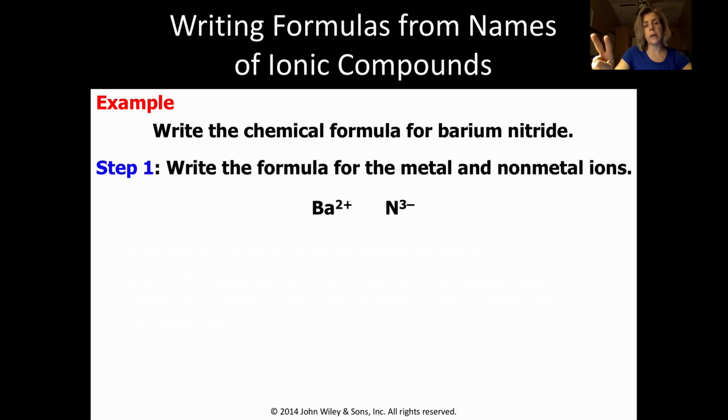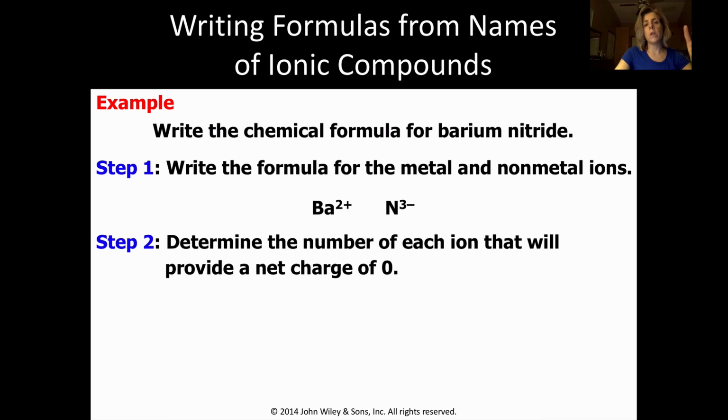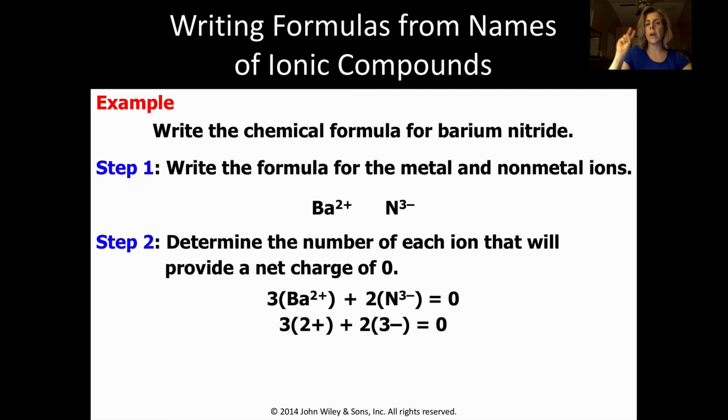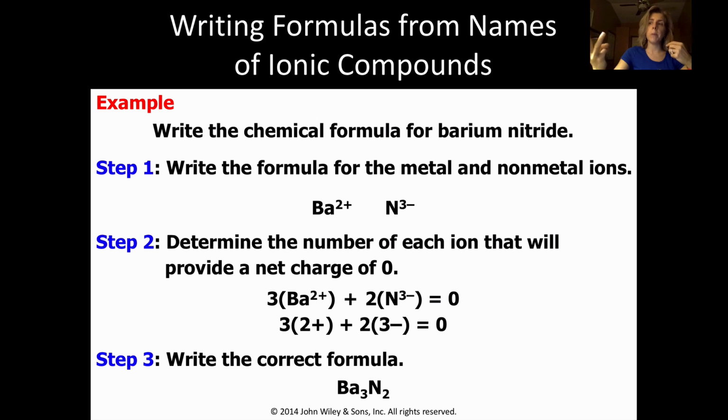Nitrogen has a 3 minus charge. We need to make sure that together they equal 0. So in order to do that, we have to have 3 bariums and 2 nitrogens. So notice we have a plus 6 charge on the cation side, and we have a minus 6 on the nitrogen side to equal the 0. So when you write that, you have 3 barium and 2 nitrogen.